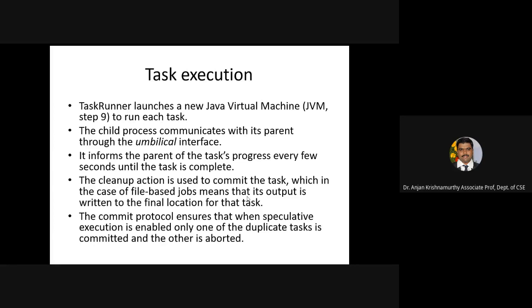And all the duplicate tasks which are created are committed, and the original task which has been running so far will be deleted, which will ensure that it is aborted. So these are some of the preventive measures. Instead of having a part of the entire result or a breakup of the entire result, it is very important that we have the required data for that particular job.